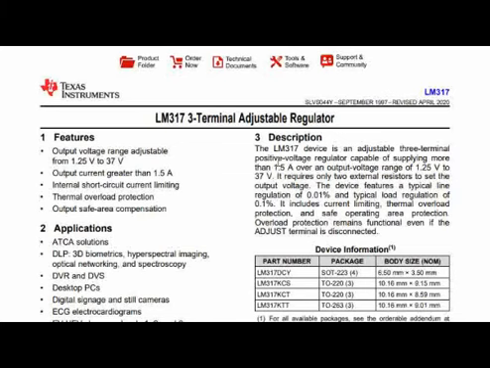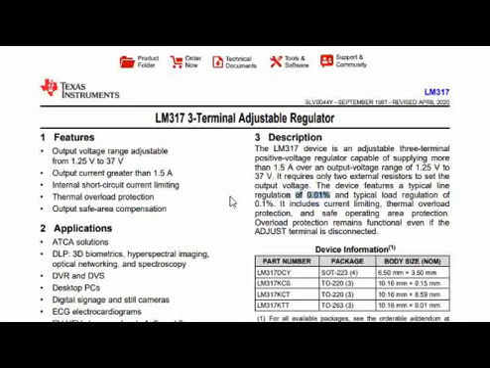The device features a typical line regulation of 0.01%, and we will talk about load regulation later. That means delta V out by delta V in is 0.01%, which is very, very low.